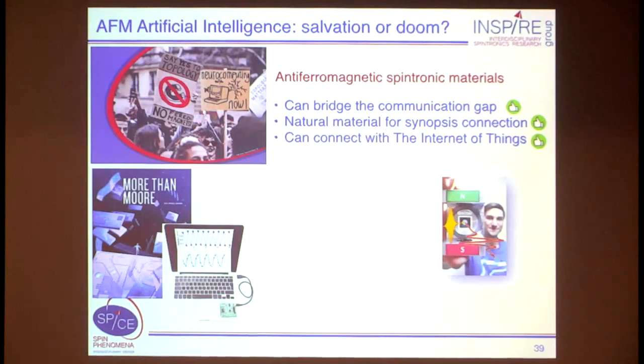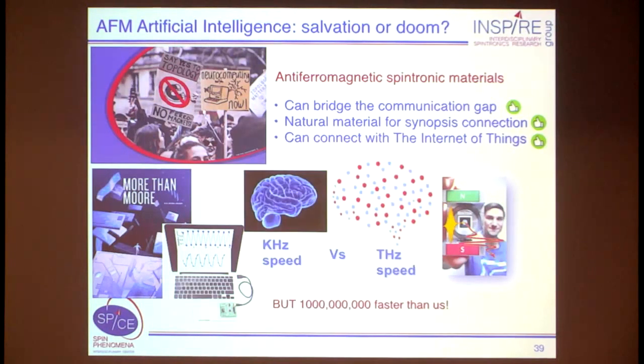But here comes this notion of trying to be more efficient, faster and connected. Now we have these materials that can be utilized to create neuron-like hardware devices, analog devices, okay? That means that they will be faster by themselves. They will tend to be more parallelized, and they will also connect to the Internet of Things because they bridge a terahertz gap, so they'll be able to connect to all the devices.